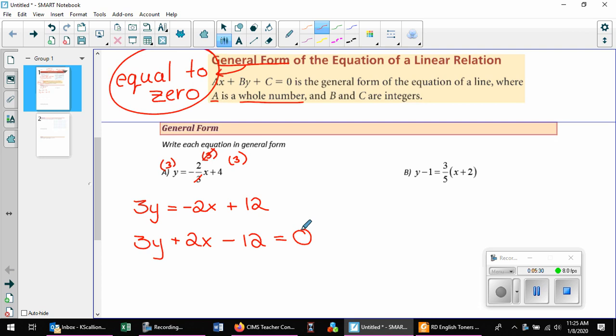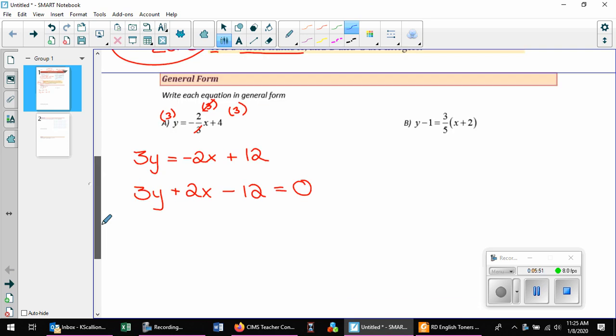Okay, we're going to do the next one. All right, so I want to get rid of that fraction right away. So I'm going to times everything by 5. Okay, some of you are not going to like this, and some of you are going to say it doesn't make any sense.